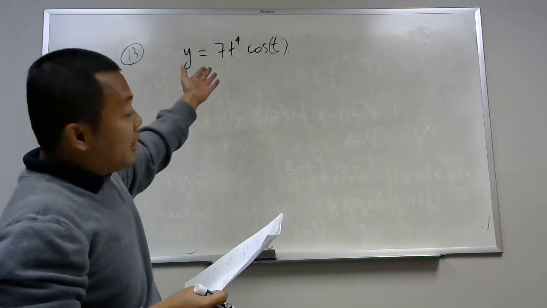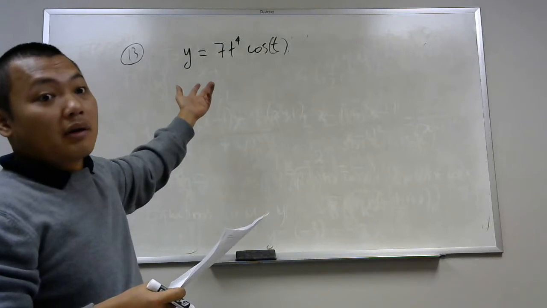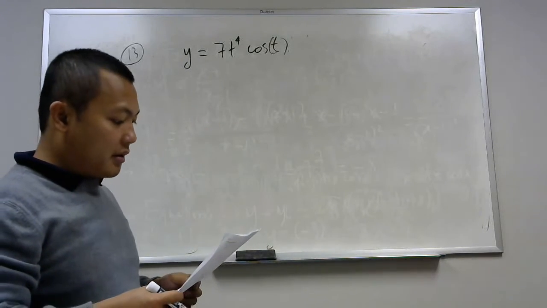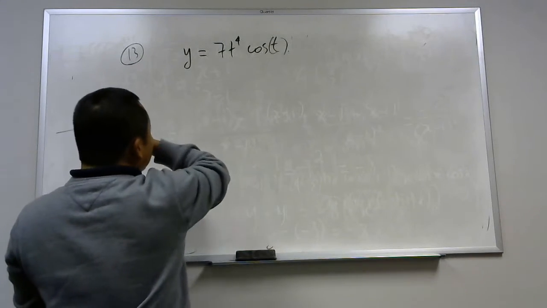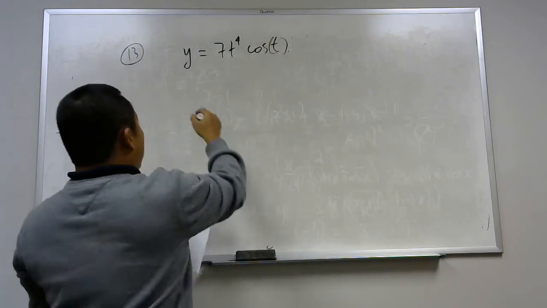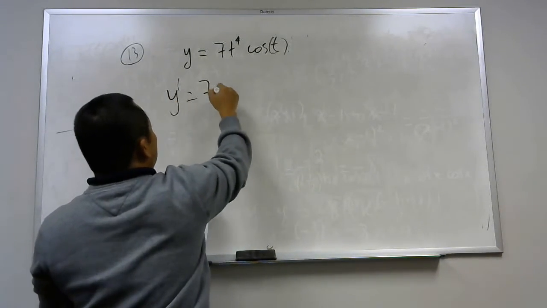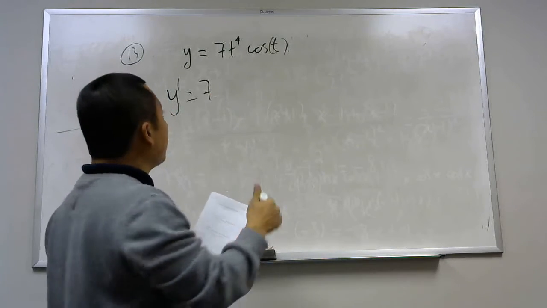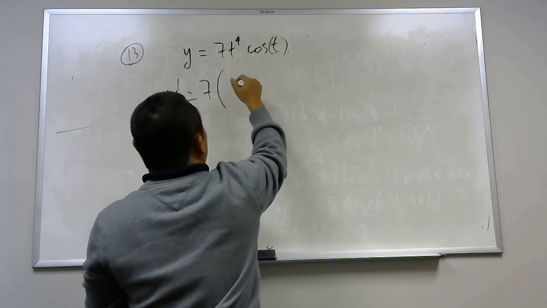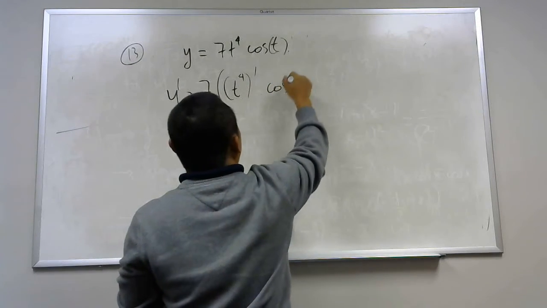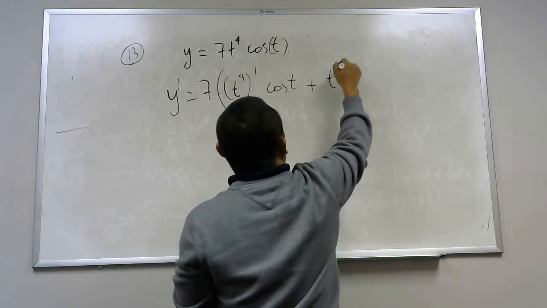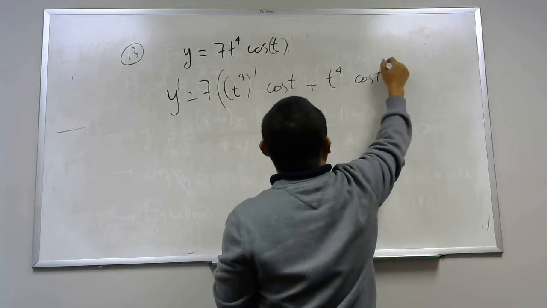In this case, we use the product rule, right? We have a product of two functions. But anyway, let me show that for you. y prime: 7 is a constant, we can always bring 7 out. Here is a product, so I take the derivative of t to the 4 times cosine of t, plus t to the 4 times the derivative of cosine of t.